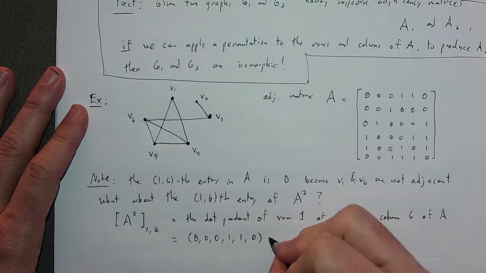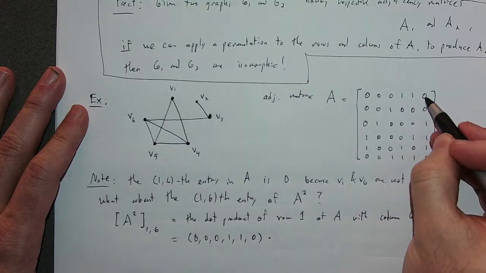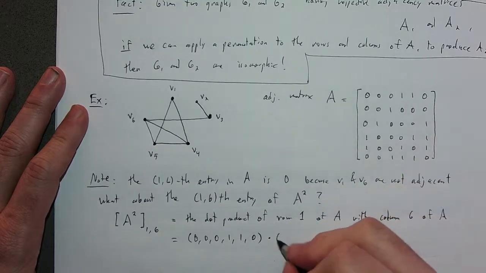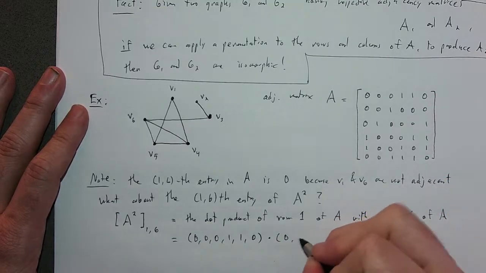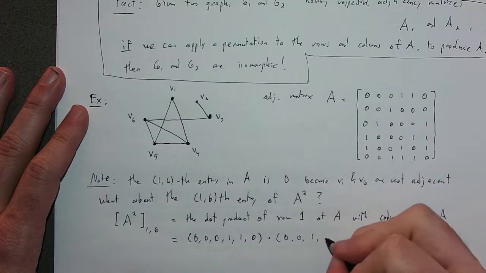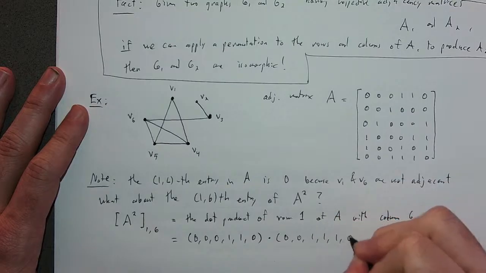So this is the vector 0, 0, 0, 1, 1, 0 dotted with the sixth column, which is 0, 0, 1, 1, 1, 0.